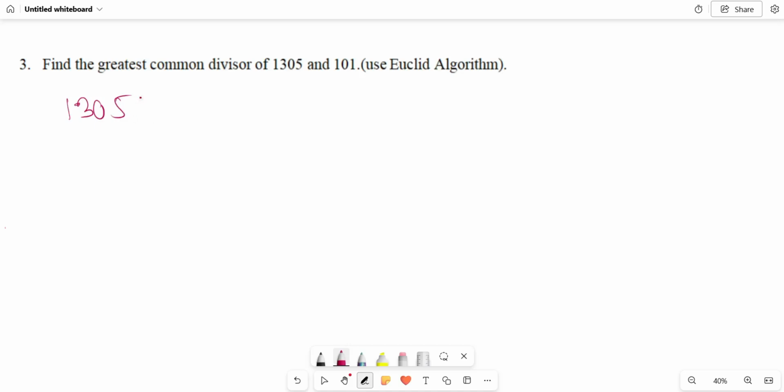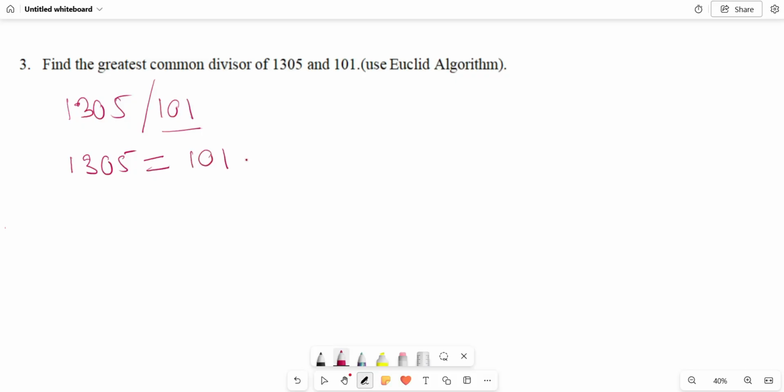We are dividing it by 101. We write it in a particular pattern, as a division algorithm. First write the largest number 1305, and then write the second number 101.